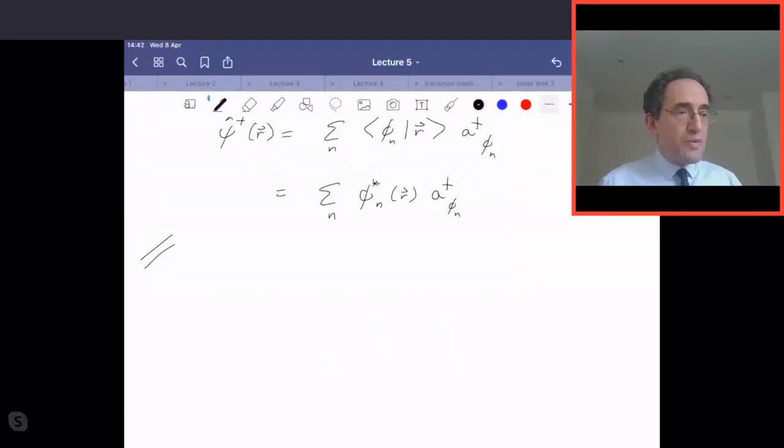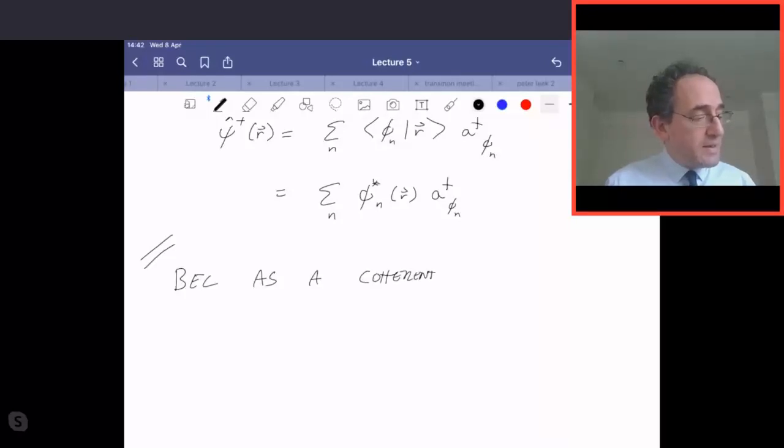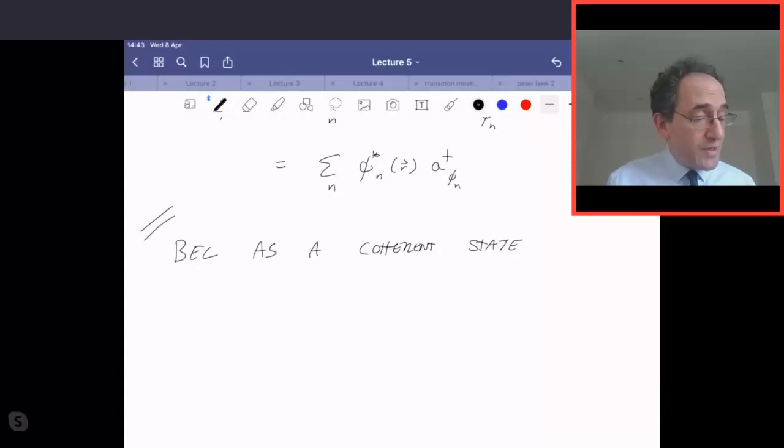Okay, so why have I gone through so much effort to introduce coherent states here? Well, it turns out it's extremely convenient to describe a Bose-Einstein condensate as a coherent state. Recall in a Bose-Einstein condensate, you're multiply occupying a single lowest energy orbital. So let's call that orbital phi naught, the lowest energy orbital.